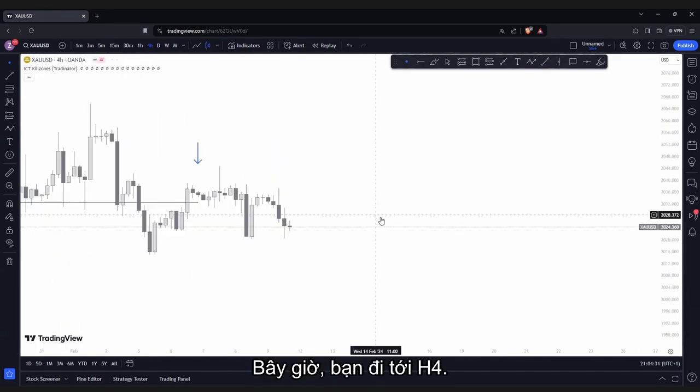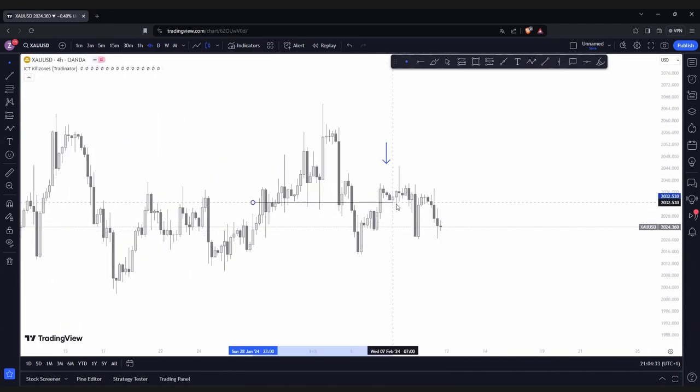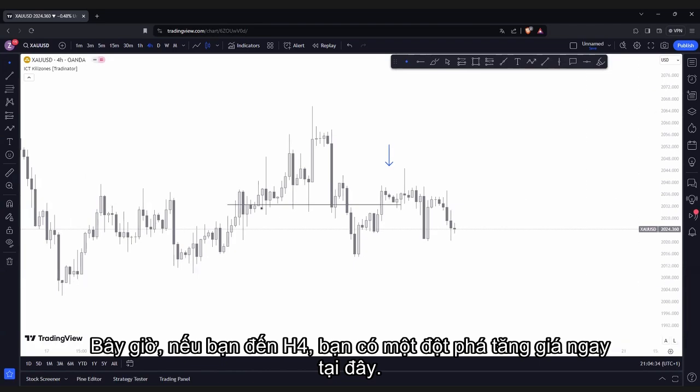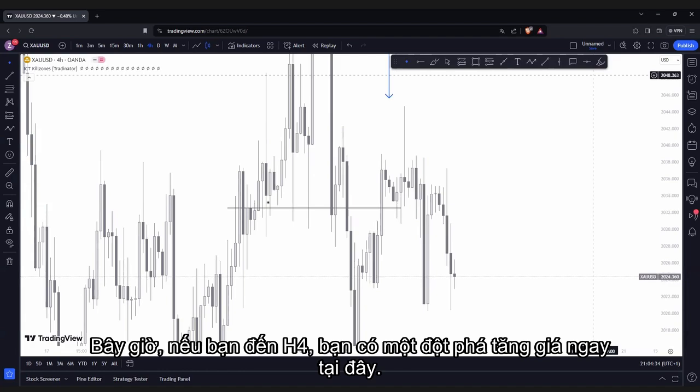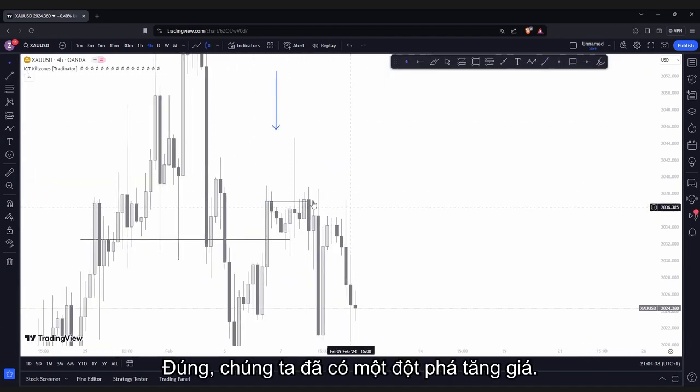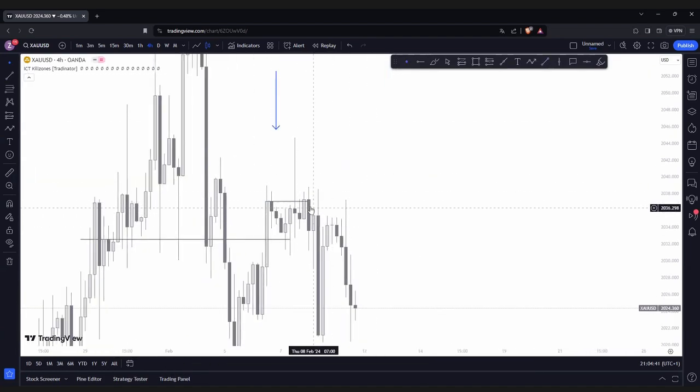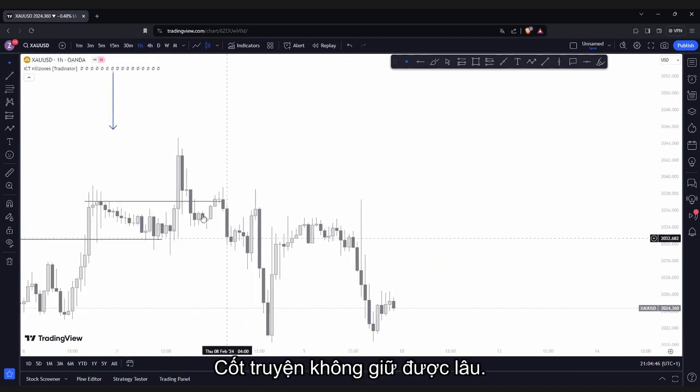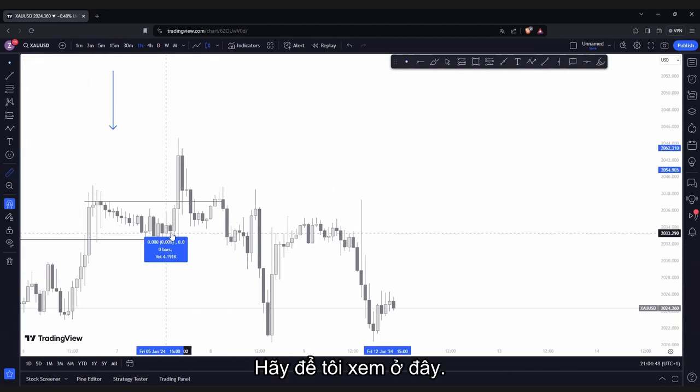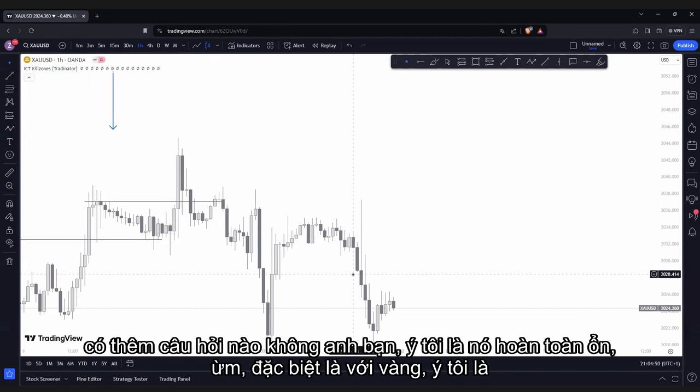Now we go to the H4. Now if you go to the H4, you have a bullish breakout right here. Yes, we had the bullish breakout and it failed. It simply failed. The storyline did not hold for so long.